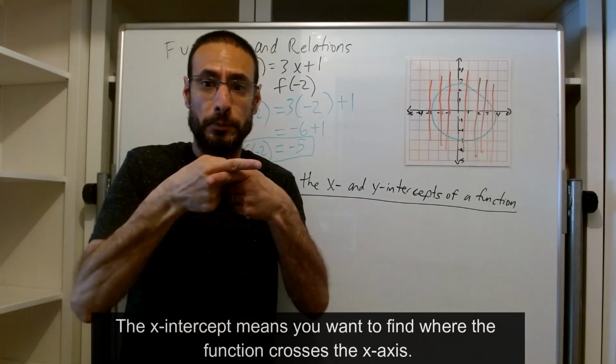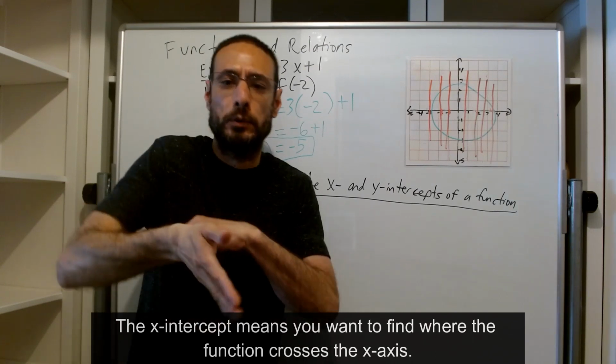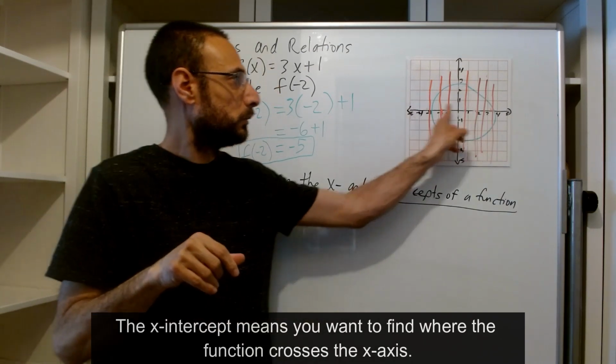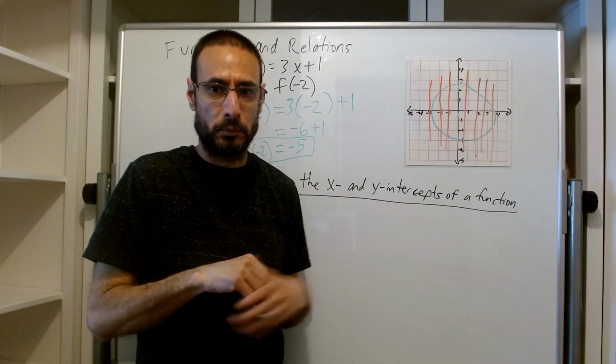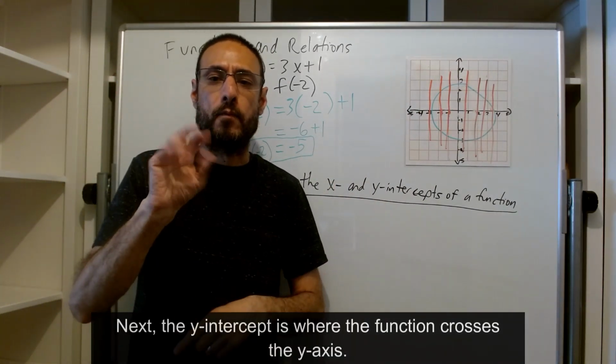The x-intercept means you want to find where the function crosses the x-axis. Next, the y-intercept is where the function crosses the y-axis.